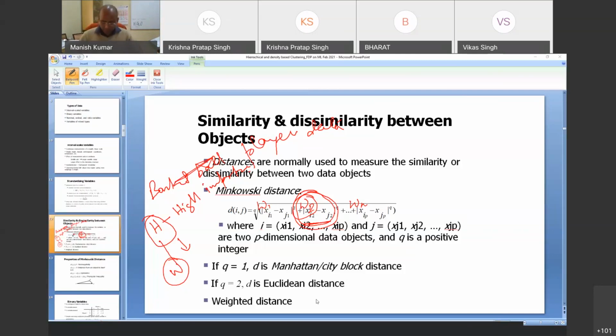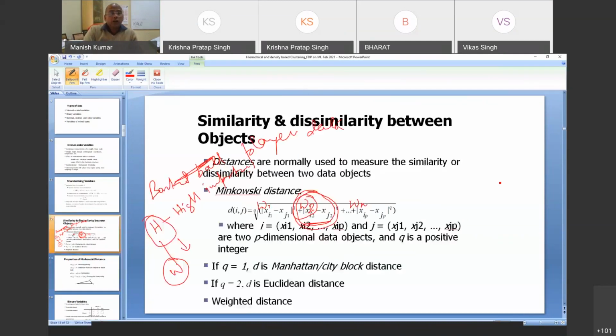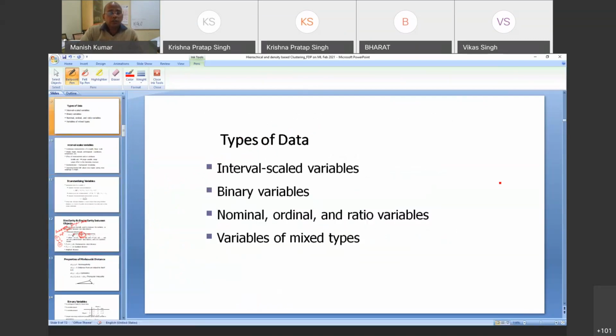Okay, fine. As you know, in the case of distance, there are certain properties already in place: it should be non-negative, the diagonal elements should be 0, it should be symmetric, and the triangle inequality will hold. The question is what type of data we are looking at for the clustering part.